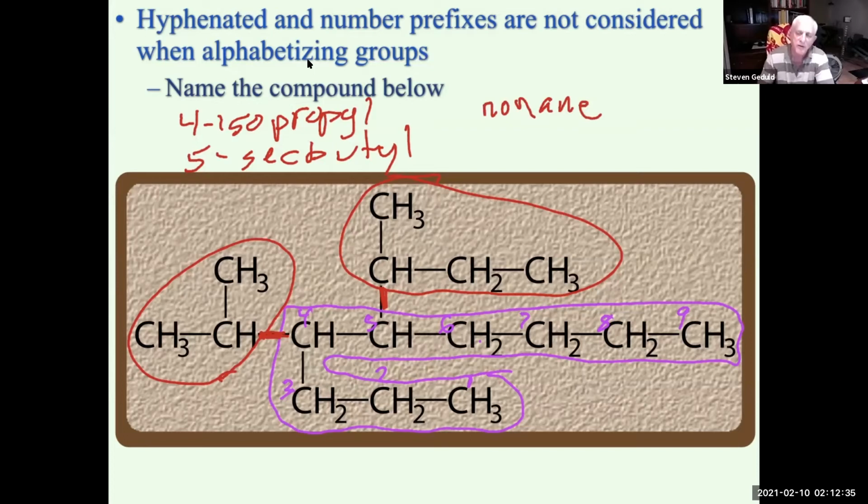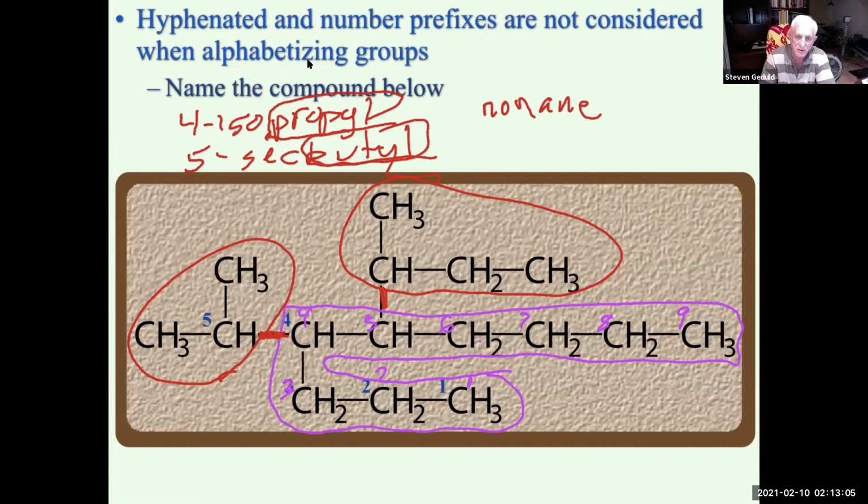Now, when we're doing alphabetical order, the prefixes don't count. So this is propyl and this is butyl. That's what we go by for our names. The second iso or prefixes, they don't count. Neither would di or tri or anything like that. Okay, so butyl's the first one. So it's 5-sec-butyl, 4-isopropyl, nonane. That tells you exactly what it is. So that's our 9 carbons.